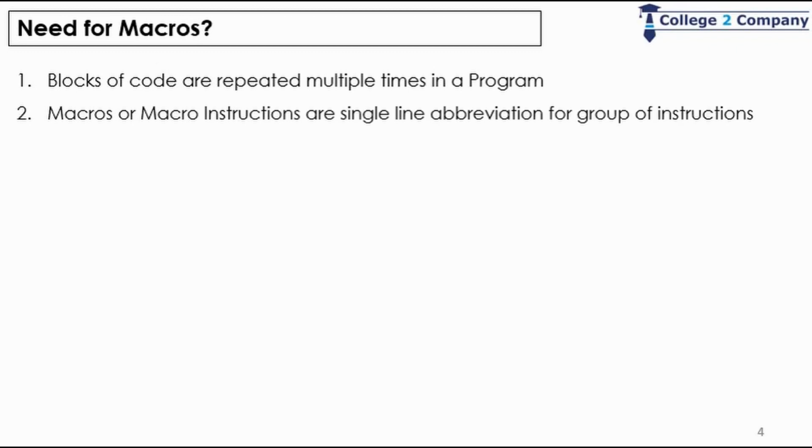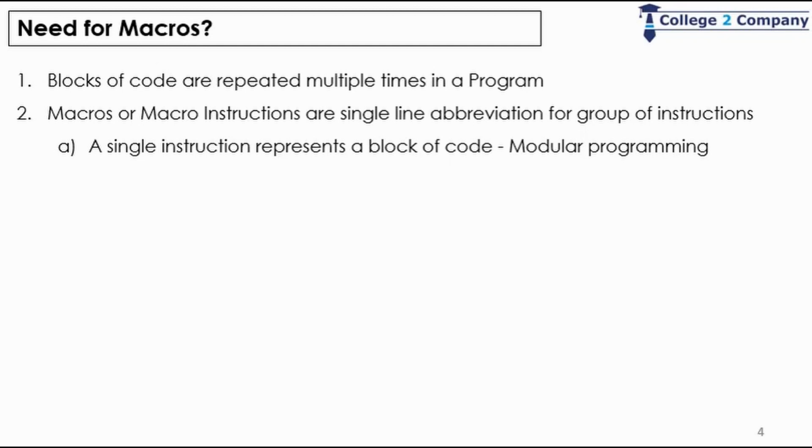Macro instructions or macros are single line abbreviations for such groups of instructions, which means that the programmer can define a single instruction to represent a block of code. And whenever the block of code needs to appear in the program, the single line abbreviation can be used. The macroprocessor will substitute the entire block whenever such single line macros are encountered.